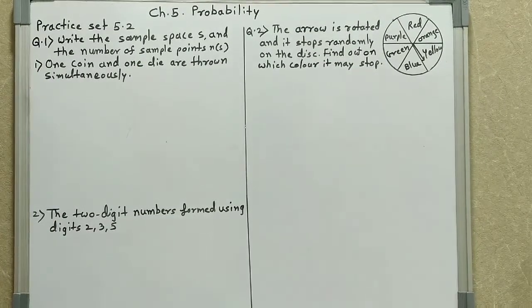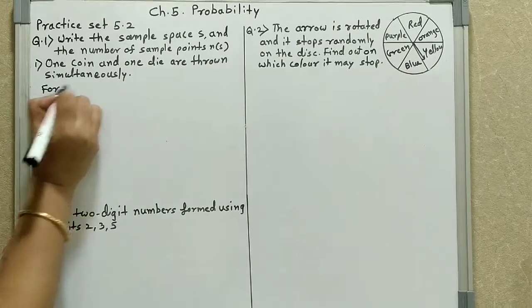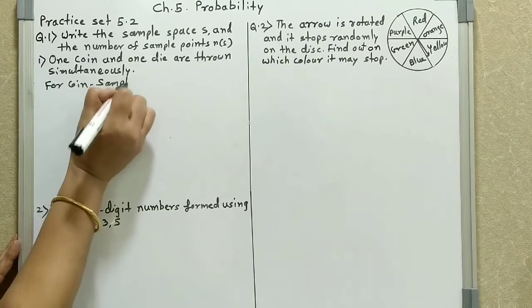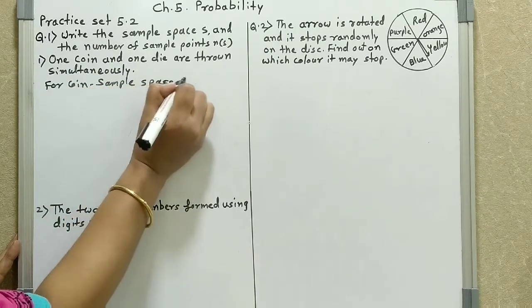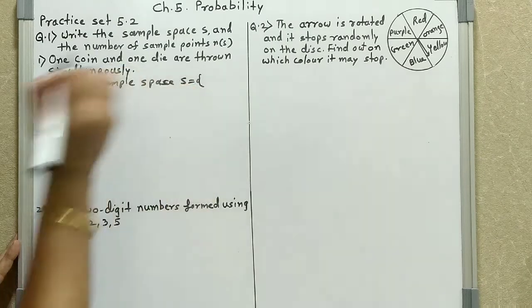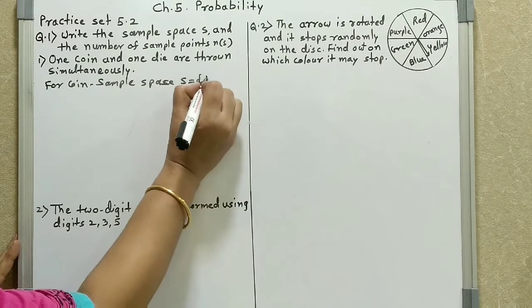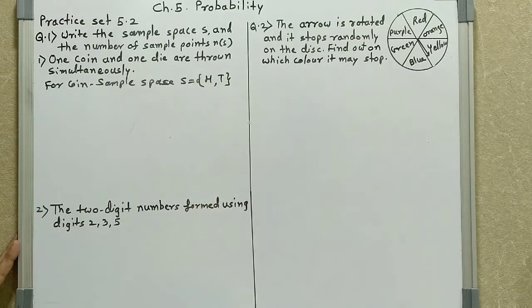So what is the sample space for the coin? We write here, for coin, sample space S is equal to, in curly brackets, head or tail. So we write H and T. So this is for the coin.